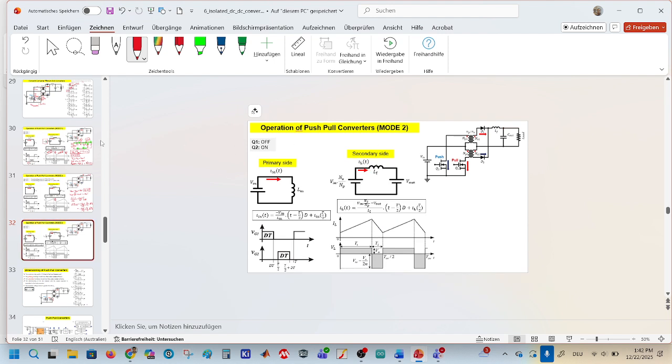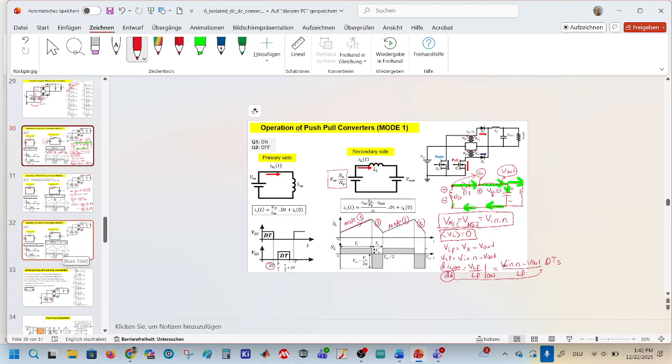And the second mode was exactly the same as the first mode.